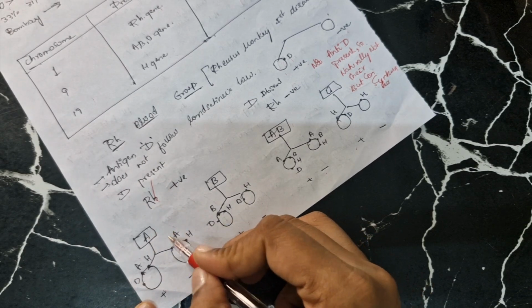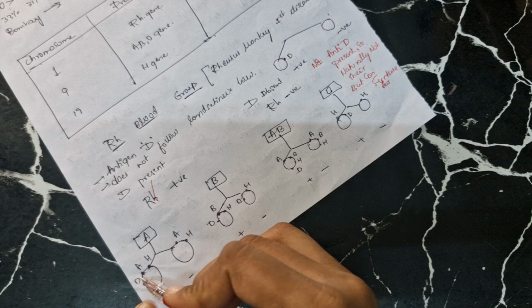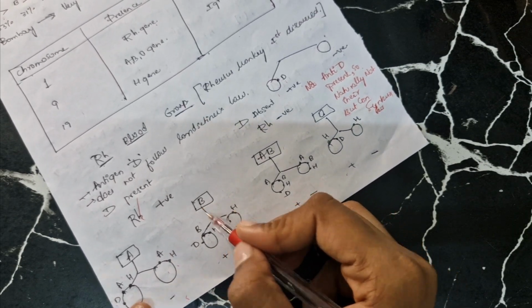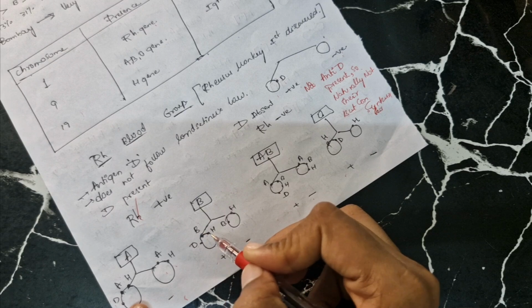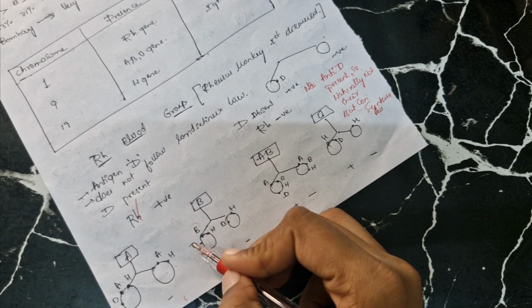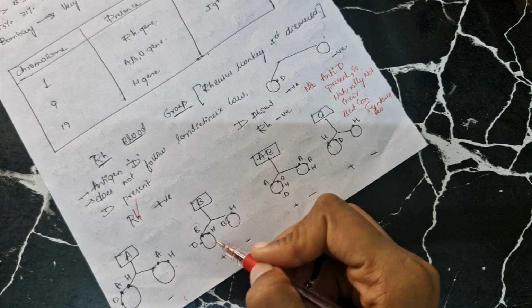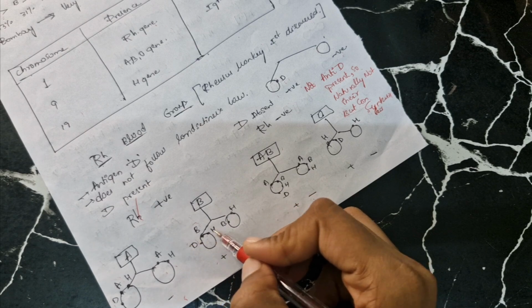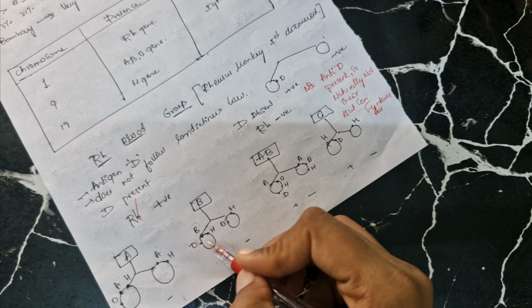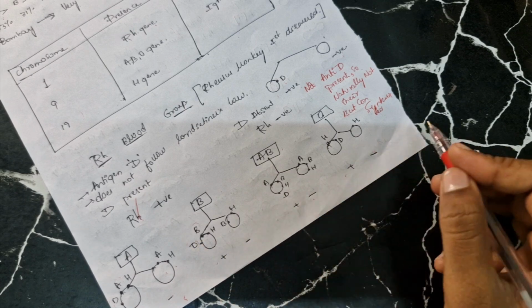A negative means A antigen is there, but D antigen, that is RH antigen, is not there, but H antigen is present in everything. Similarly for B positive, B is there, H is there, and D is there. Similarly all these are there.